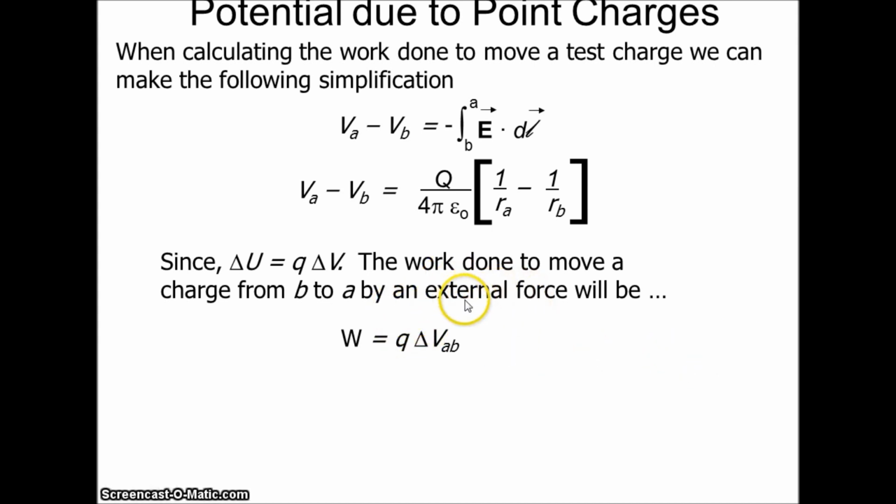If we're talking about the electric field, it converts that potential energy into kinetic energy, and so that's where that negative comes in. But if we're talking about an external force, then we're just going to look at the force times that distance, which is going to be a positive amount. So if the field does a negative amount of work, then the external force is going to do positive. Vice versa, if the field does positive work, then the external force does negative.